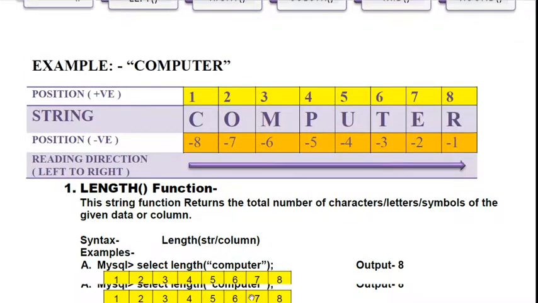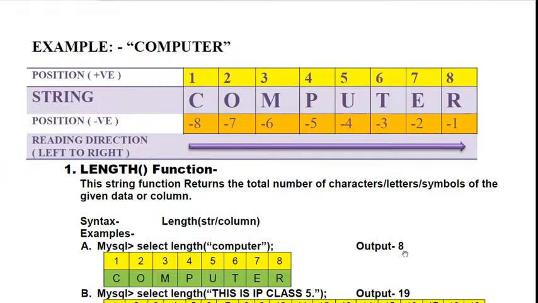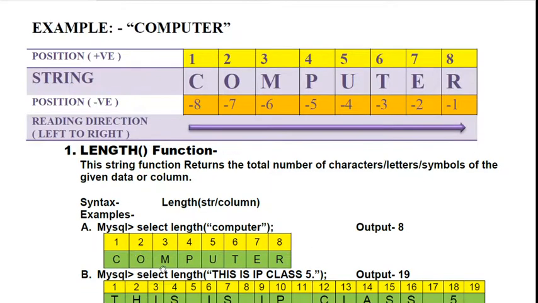For example, select length in parenthesis within quotation computer semicolon, then it returns 8. It is very easy to count all the letters. You start from place 1, 2, 3, 4, 5, 6, 7, 8. It returns 8. And using this diagram you can understand it.